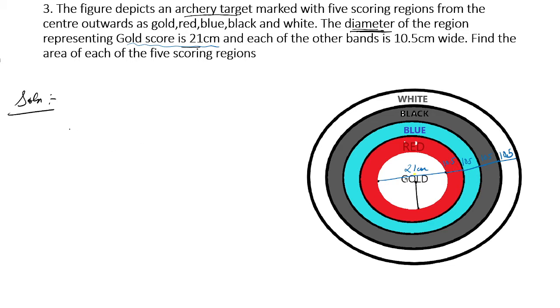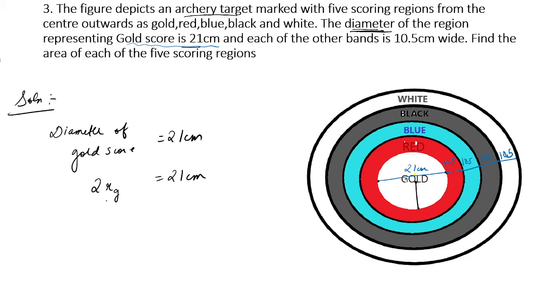Therefore it is given that the diameter of the gold score is equal to 21 centimeter. Now if you observe, the gold score is also a circle, right? So what is the diameter of a circle? Answer: 2r. So 2r is 21 centimeter. So instead of gold score, I'll write here notation. I told you notation matters, right? Everything cannot be r.